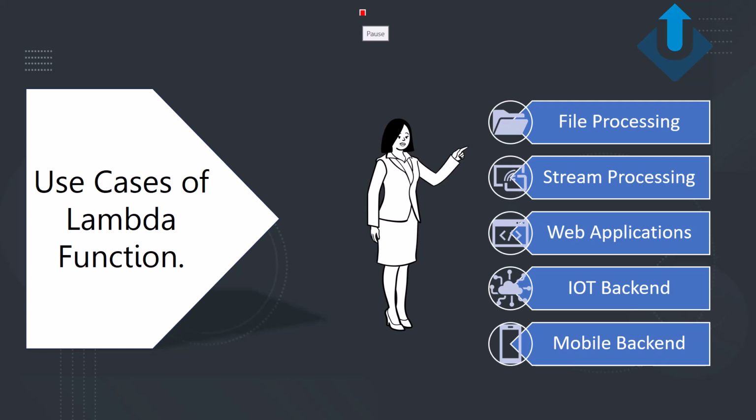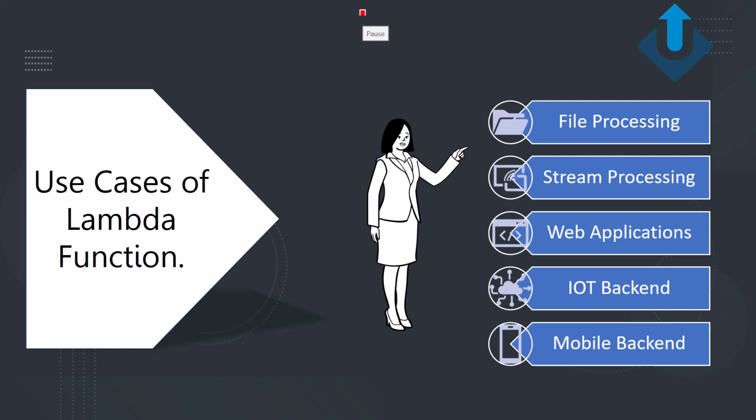So these are some of the use cases that you would come across when you're using Lambda. You can also use Lambda extensively in data processing, or collecting data from multiple sources. All right. So these are some of the use cases for Lambda.